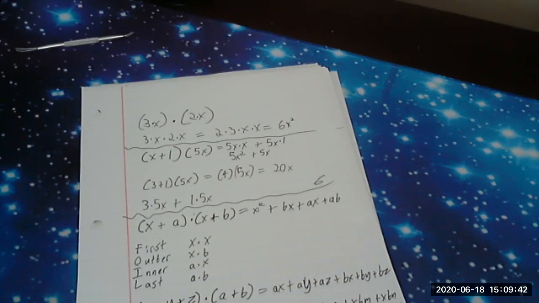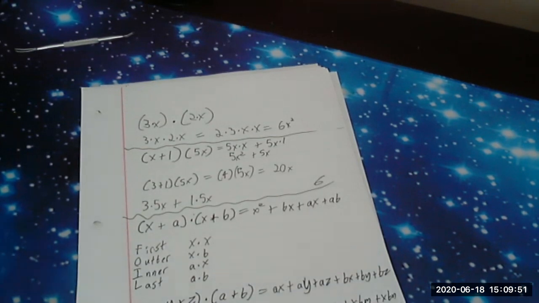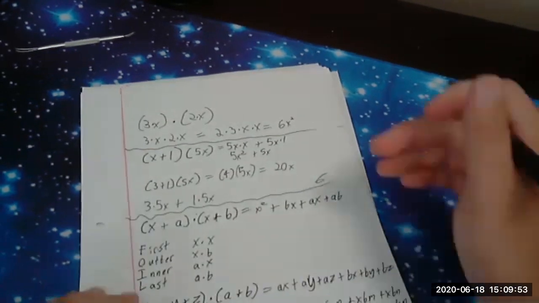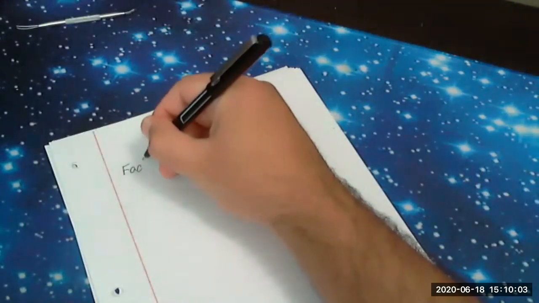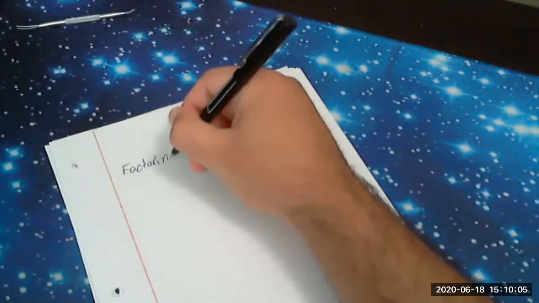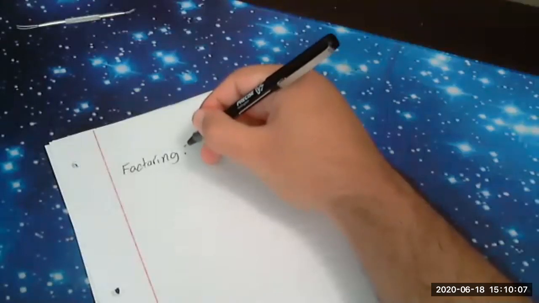It doesn't exactly work out quite like that when we do it with polynomials. It's not just division. What it is called is factoring. Factoring is a big deal. So what is a factor of a number?